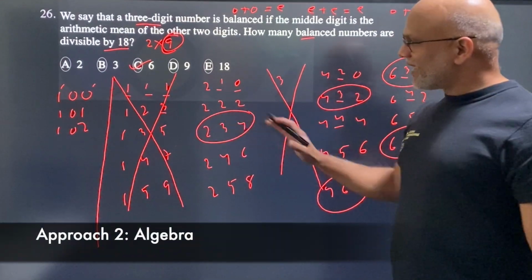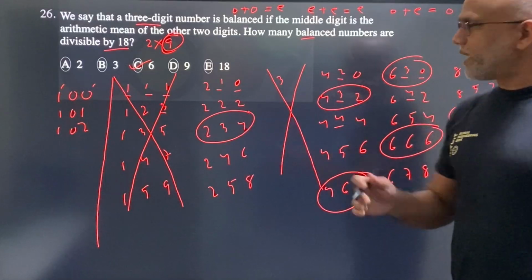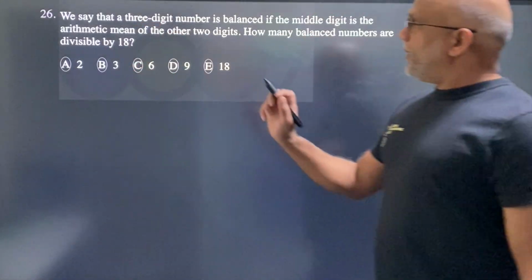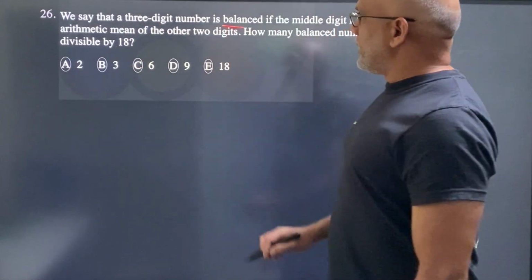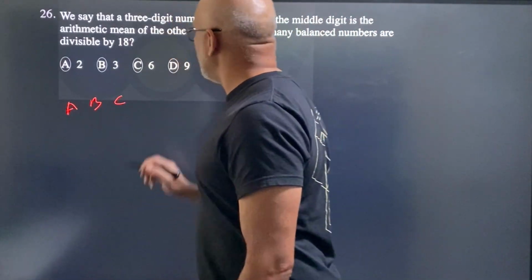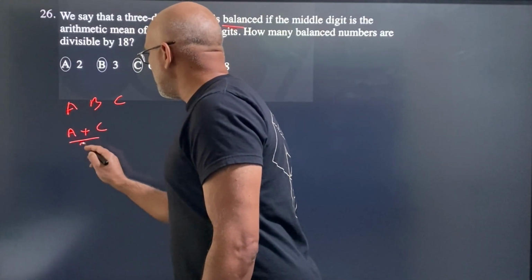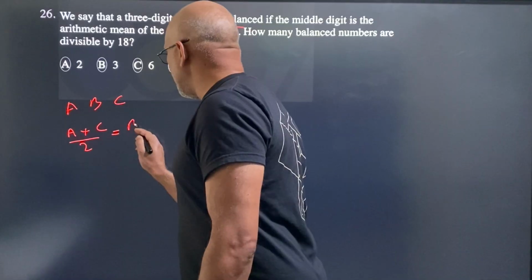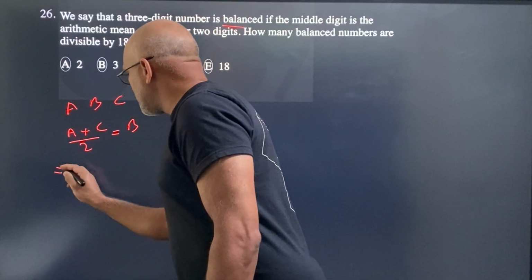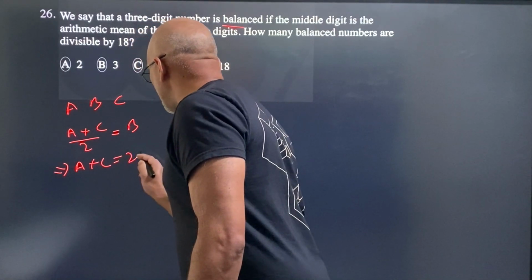Alright, doing it like this is perfectly fine, but if you are comfortable with algebra, we can do it another way. So it is a balanced number, meaning let's say the digits are A, B and C. Balanced means the arithmetic mean of A and C is the middle digit B, or A plus C is 2B.